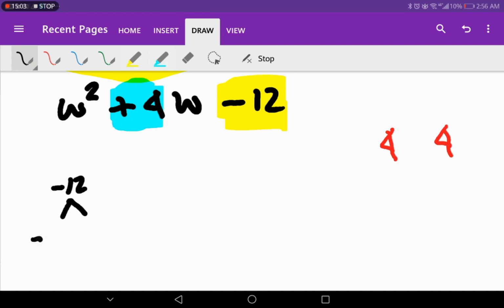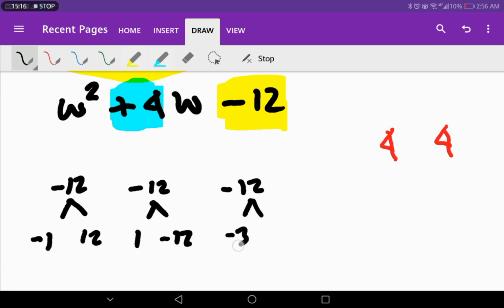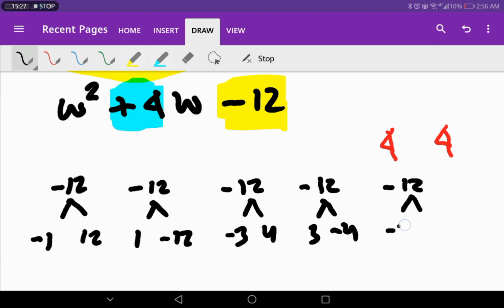Actually, it is negative 1 multiplied by 12, or 1 multiplied by negative 12. You are very, very smart. Now, negative 12 also comes from negative 3 and 4, or the opposite, 3 and negative 4. And also negative 12 comes from negative 2 multiplied by 6, or the opposite, 2 multiplied by negative 6.